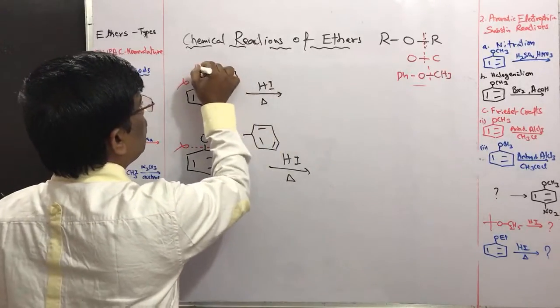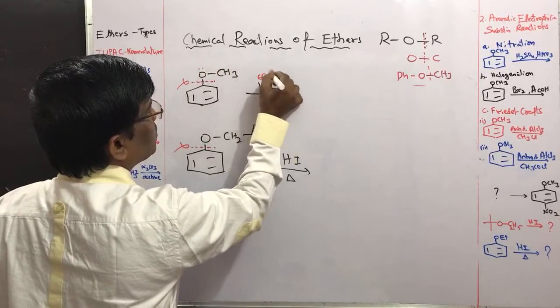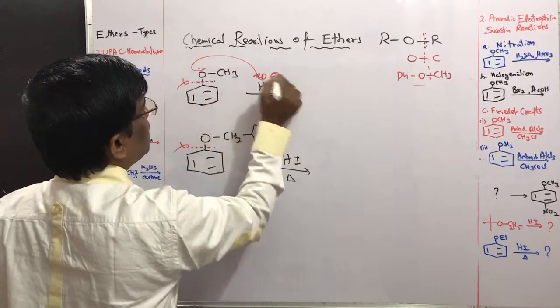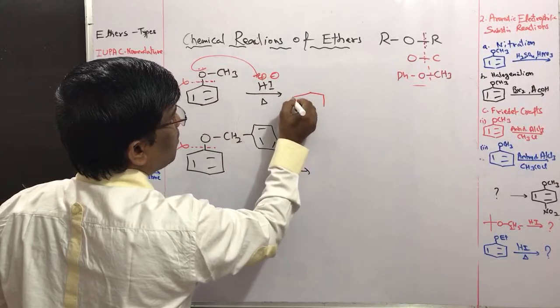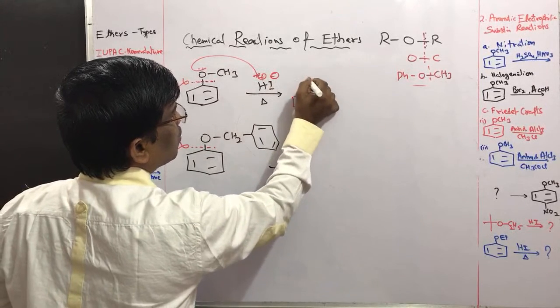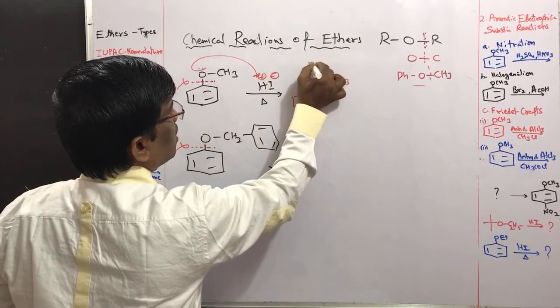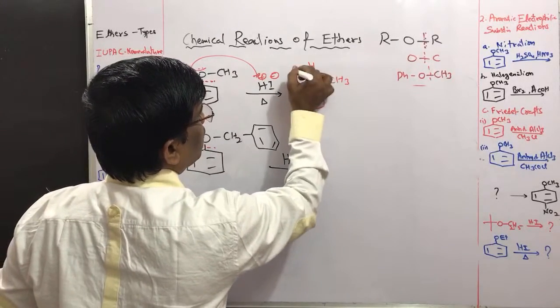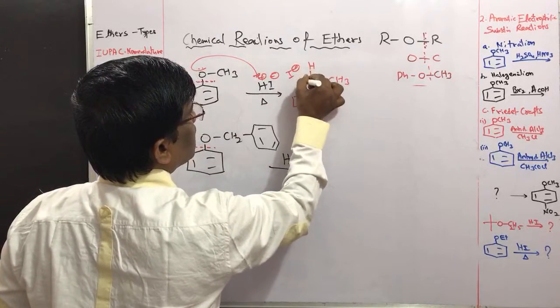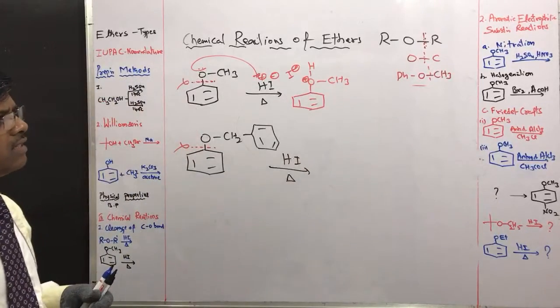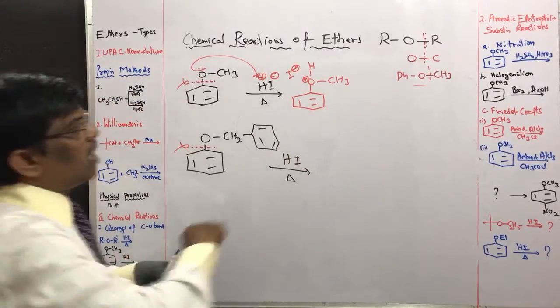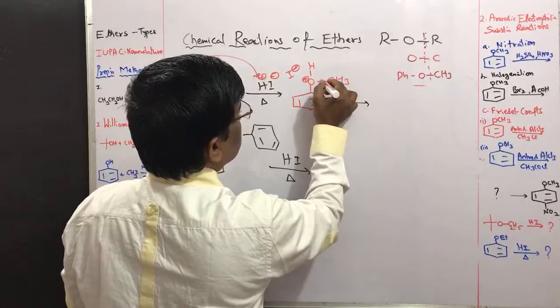Then what is left over? The methyl group. This is positive and negative. It takes up this and is going to form the oxonium ion, and the iodide part will be there, iodide minus and O positive. Now what is going to happen?